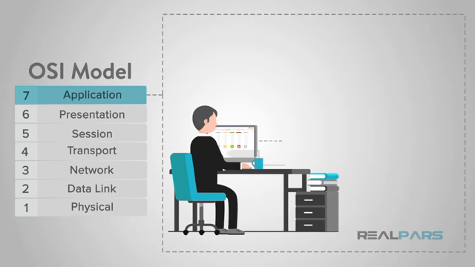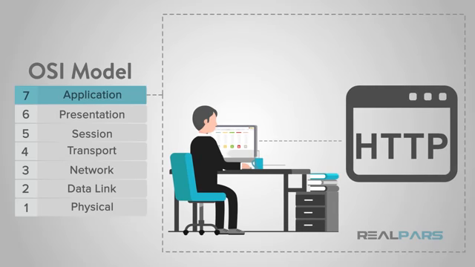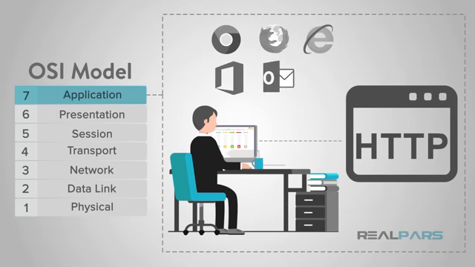One of these protocols may be HTTP, that is used with web browsers such as Google Chrome, Firefox, and Internet Explorer. Other examples of applications that use this layer are Office, Outlook, and Skype. All of those interactive applications provide a set of services that allow the application layer to supply data to and receive data from the presentation layer.